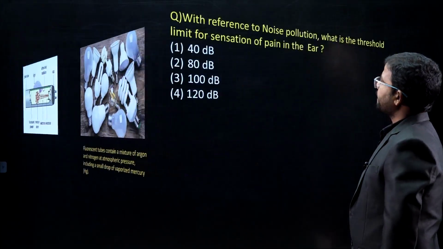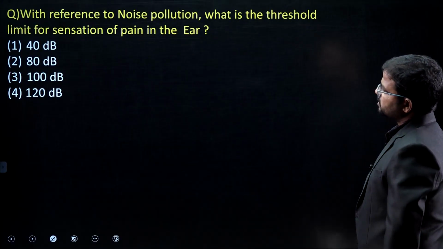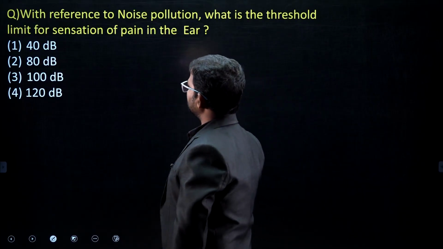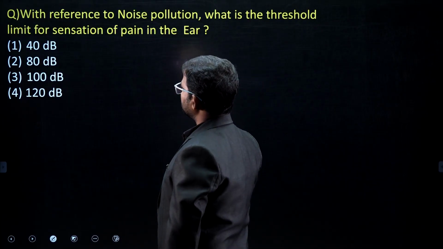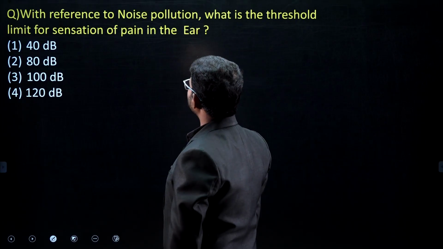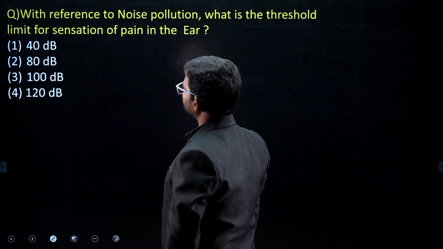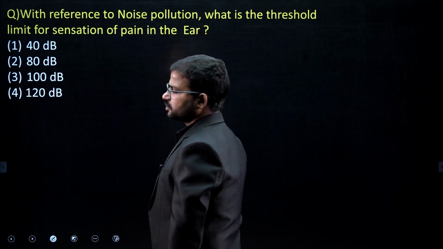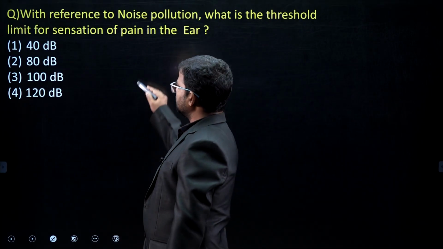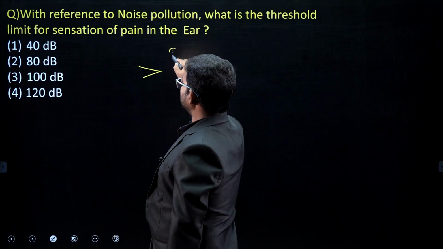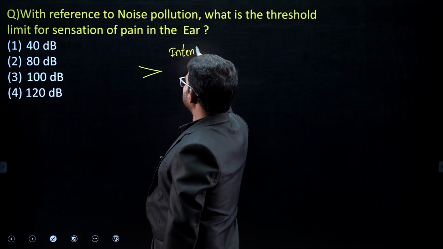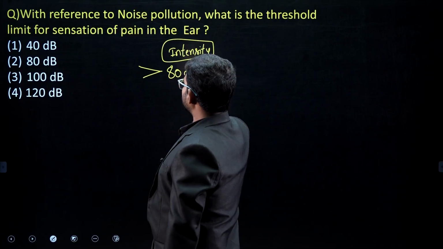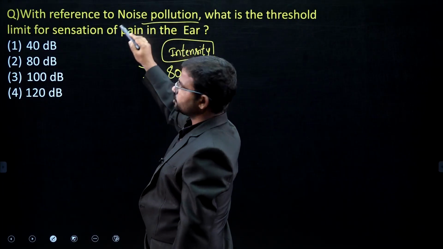Next, with reference to noise pollution, what is the threshold limit for sensation of pain in the ear? Okay. So first of all, noise pollution means if the intensity of sound is more than 80 decibels, then only it is considered as noise pollution.